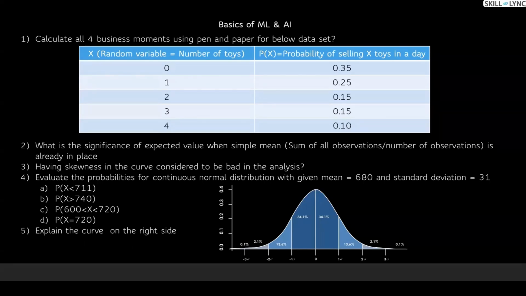Median has no power, no square, cube or anything. But in the second business movement, the power is 2. In the third, the power is 3. In the fourth, the power is 4.